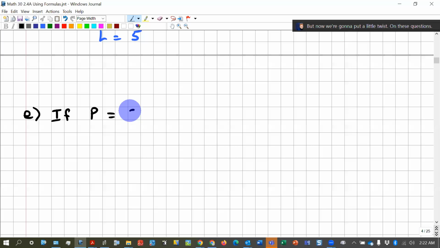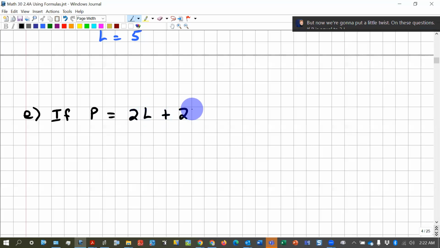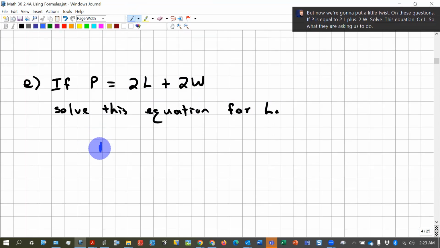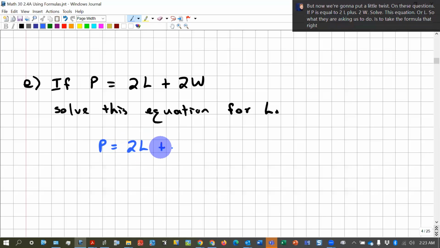If P is equal to 2L plus 2W, solve this equation for L. So what they are asking us to do is to take the formula that right now has P all by itself and to do the algebra to rewrite this equation equivalently, but with L by itself.